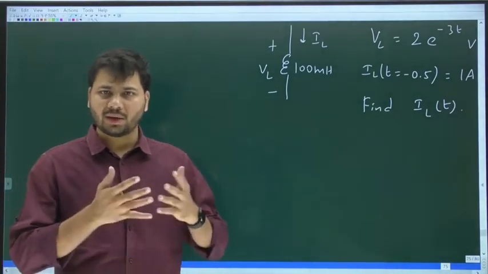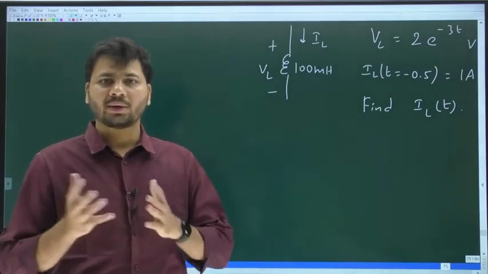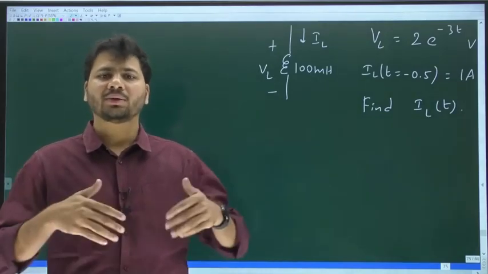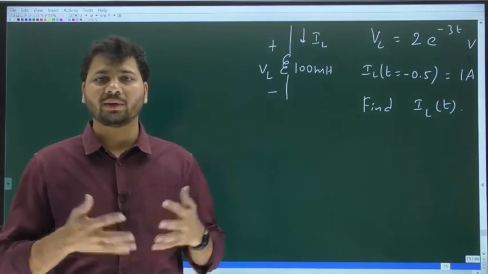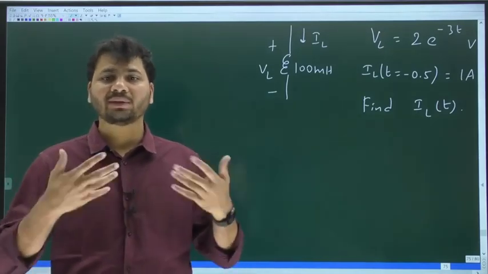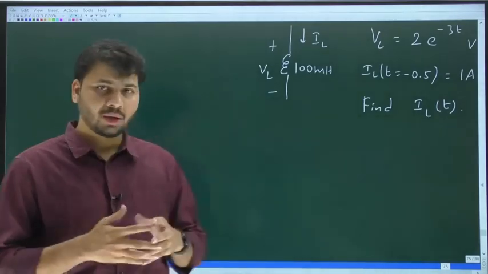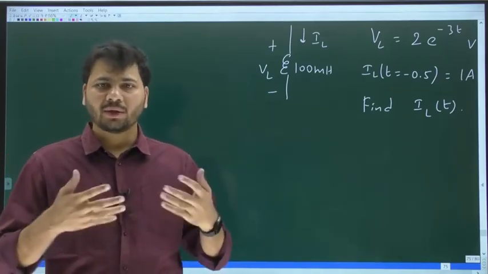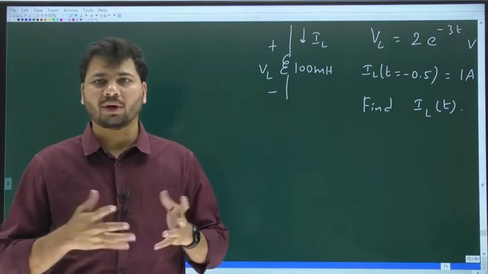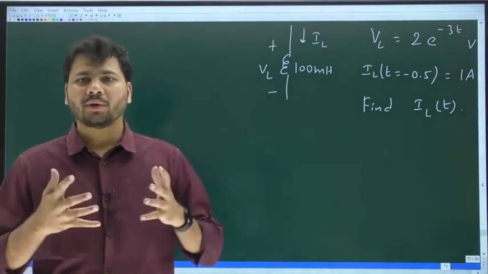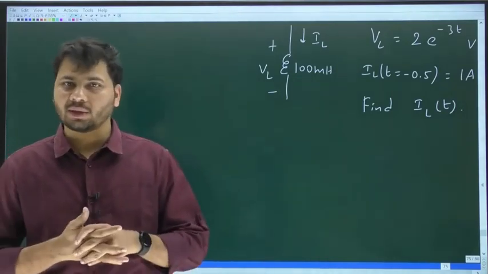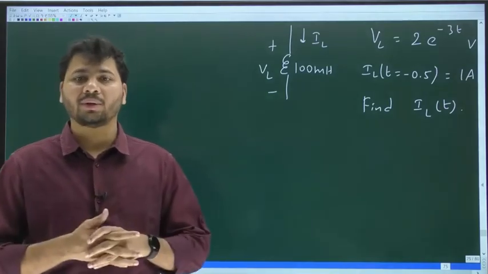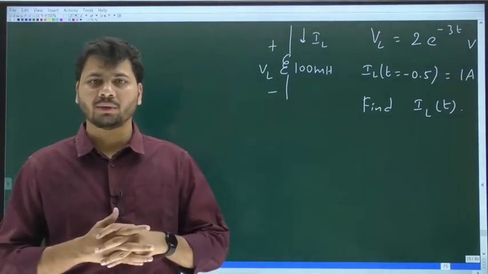Constant means it does not vary with time. A constant voltage is a DC voltage, and a constant current is a DC current. So all voltages and currents at DC steady state will be DC in nature. Even the voltage across the capacitor will remain constant. If the voltage across the cap remains constant, then the current through the cap always has to be zero.